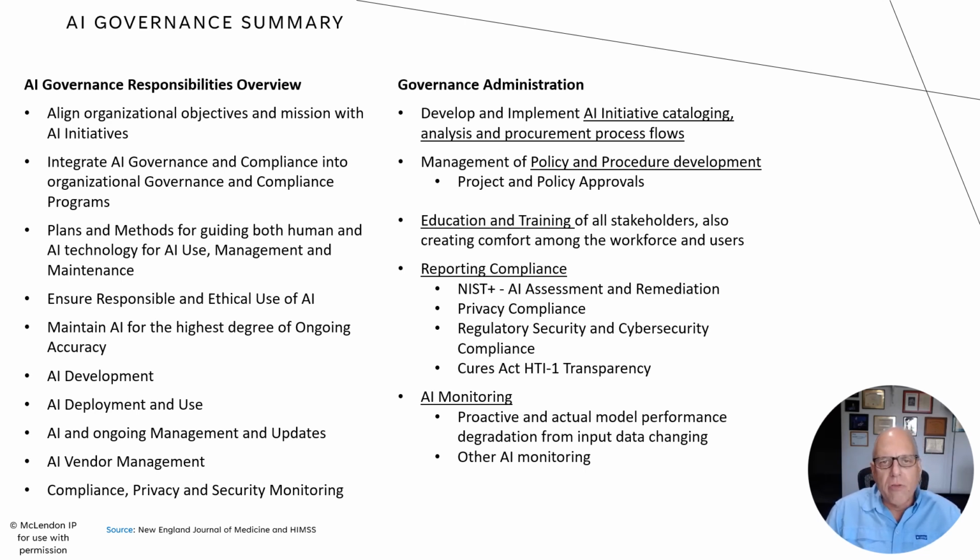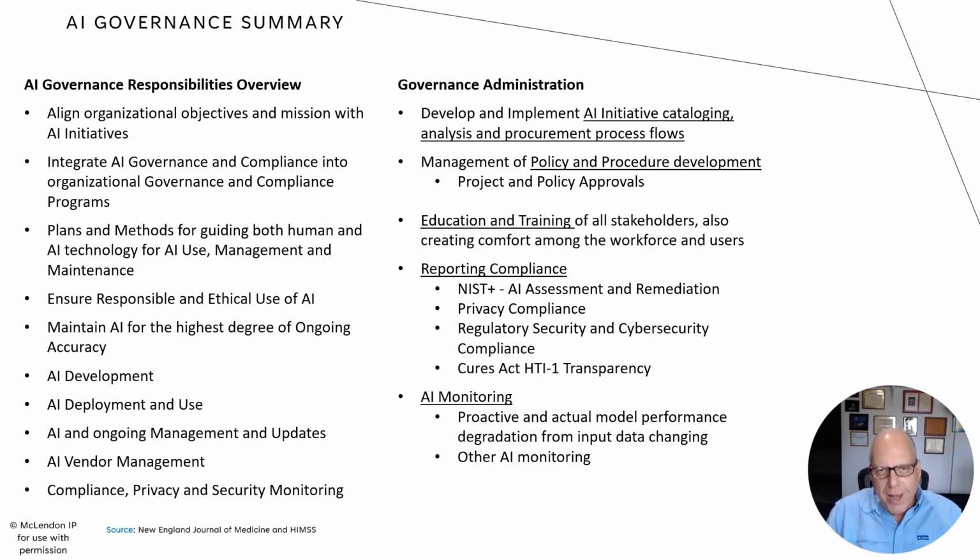Integrate AI governance and compliance into the organization's governance and compliance programs. So you're going to take governance and expand what you already need to have. Plans and methods for guiding both human and AI technology, AI use, management, and maintenance. So it can help develop plans and methods for guiding that.